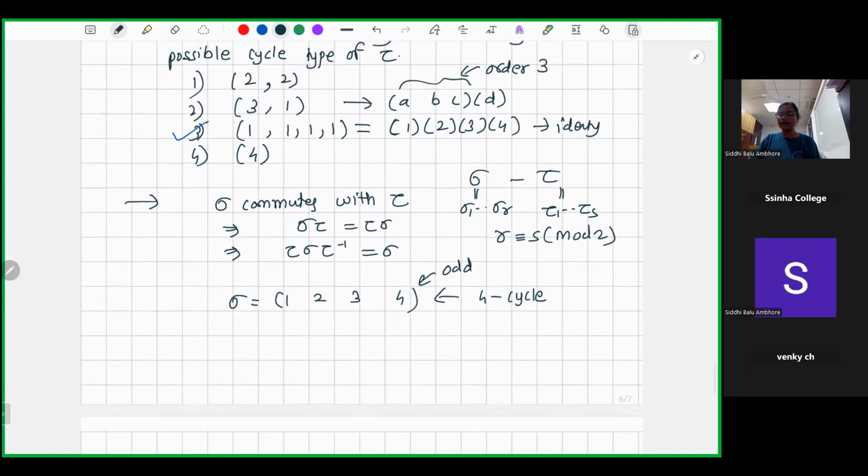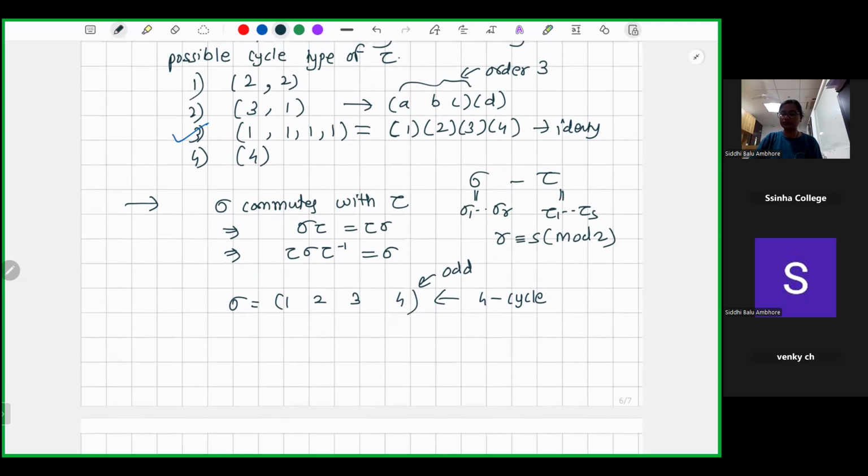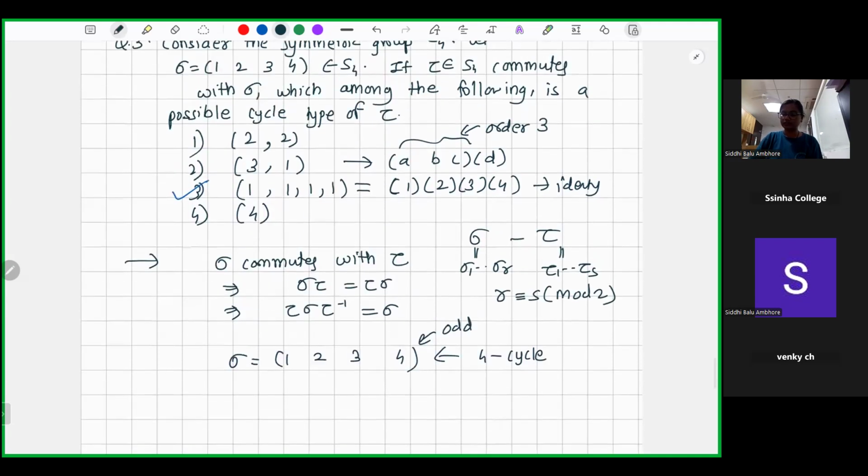So they must have the same parity, but here that is not happening. So here we have order 3, and this one is not possible.